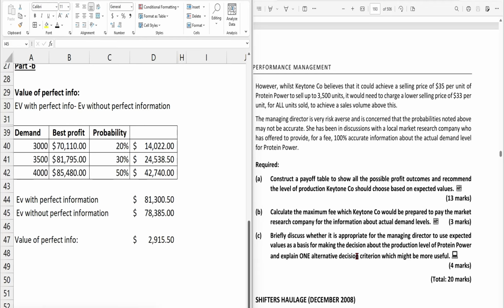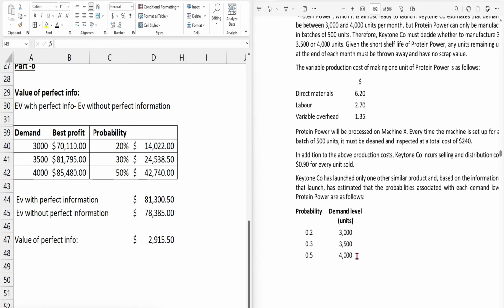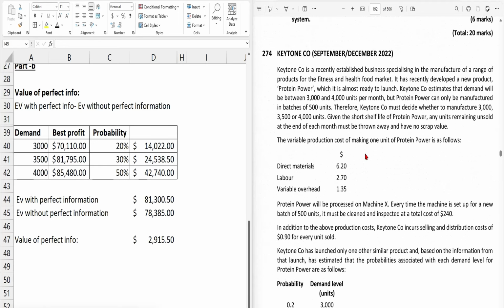Okay, and one more thing, as I mentioned at the start of the video regarding the scrap value, if you remember. If the question mentions that the protein has a scrap value, in that case we need to take this figure into account while calculating the profit. But as they said, it has no scrap value, so we don't need to worry about that.